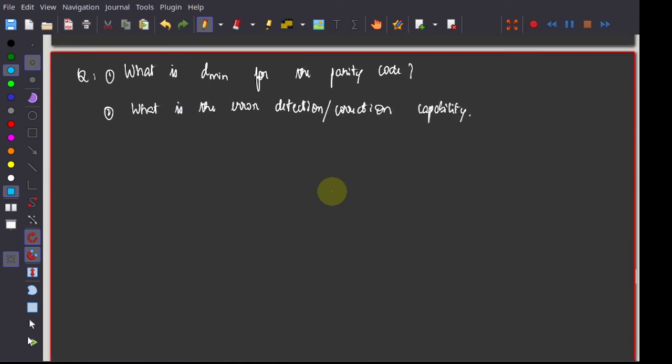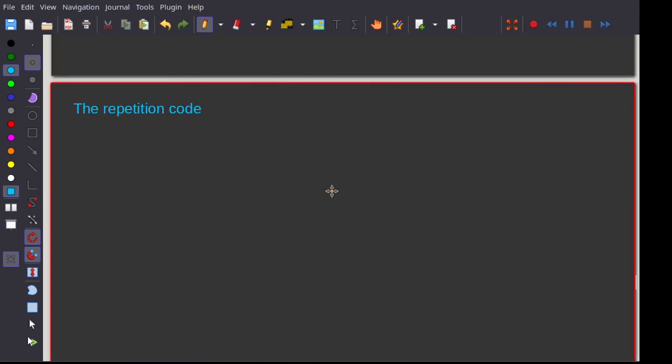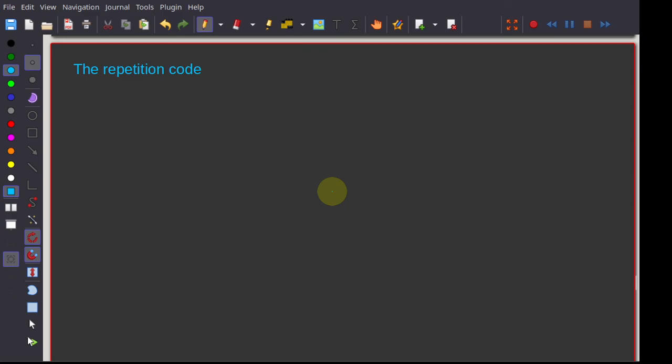And the second is the repetition code. So basically, if I have a message bit M1, I need another parameter, which let me call R. R is the number of repetitions.